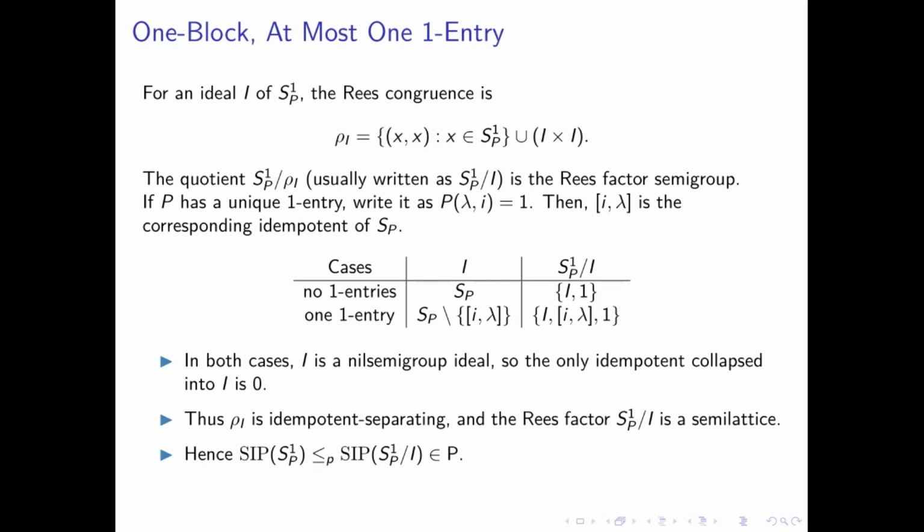combinatorial Rees matrix semigroup. So there are actually two cases because you could have zero one entries or one one entry.